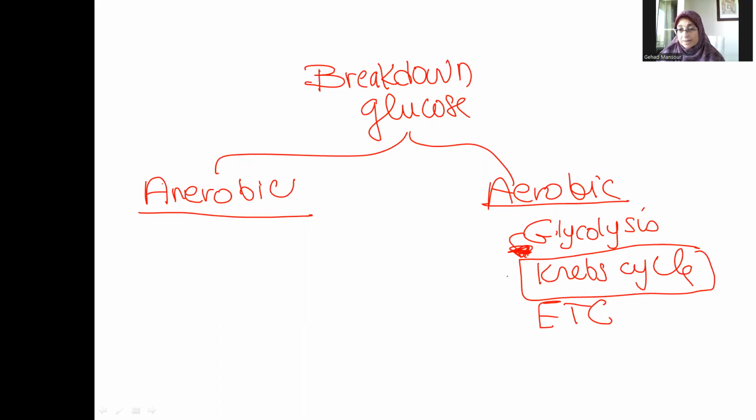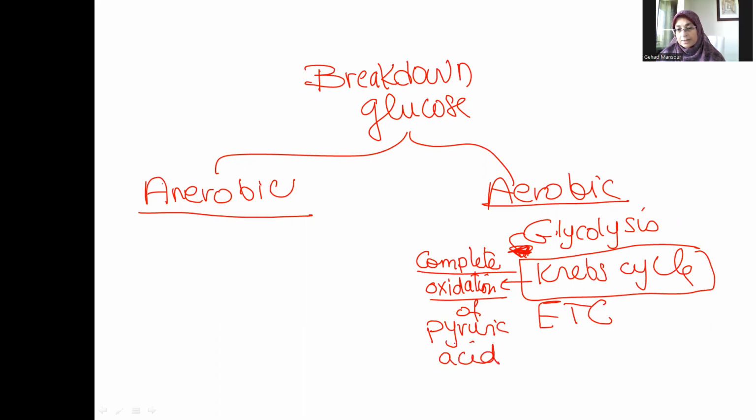So glycolysis led to Krebs cycle, and the major event here in Krebs cycle was actually complete oxidation of pyruvic acid, which resulted from glycolysis. In anaerobic, we also start by glycolysis.